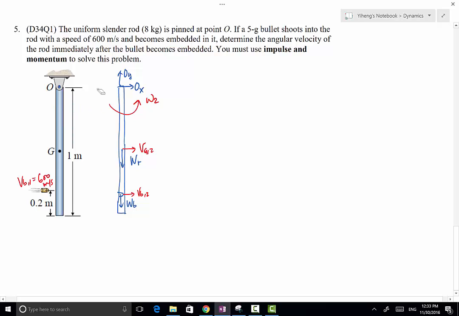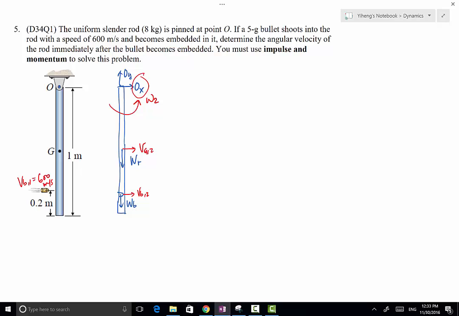Okay, so we cannot solve this problem by applying the principle of linear impulse and momentum, because OX is an external force along the horizontal direction, and we do not know what it is, and we do not know how much impulse it creates during this process when the bullet becomes embedded.